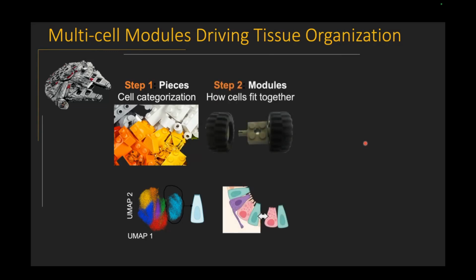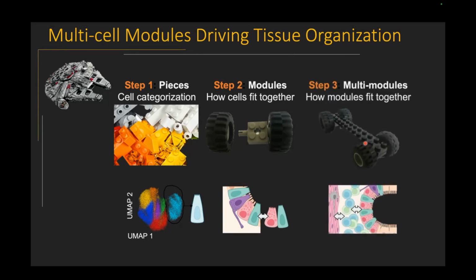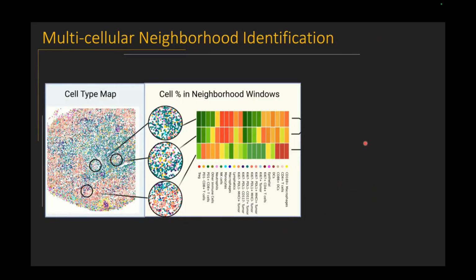But we also want to understand how individual pieces fit together to form modules. And even beyond that, how do modules fit together to create multi-modules? And so one of the ways we do that in a computational way is to look at the neighbors around each individual cell.